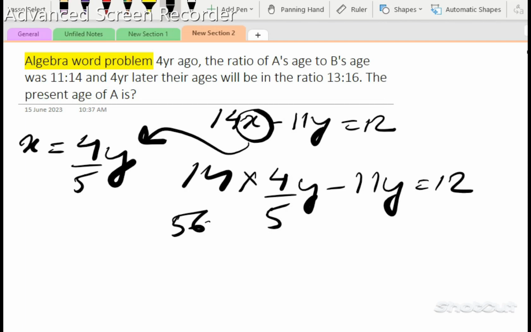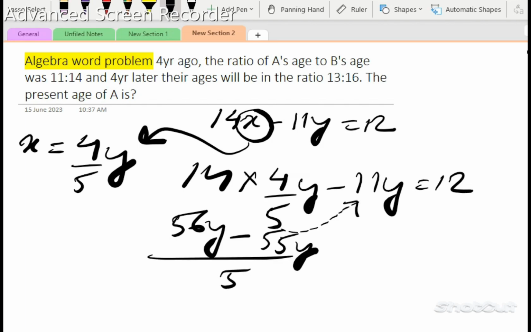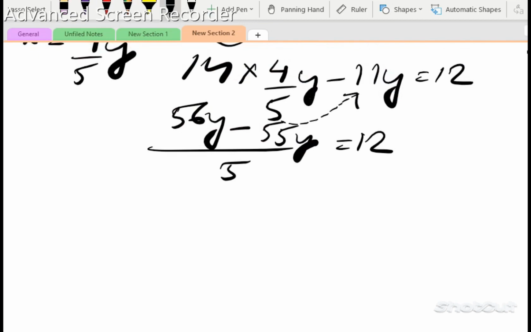14 times 4 is 56y, and then you multiply the 5 here. I'm sure you're aware of the basic multiplication and addition of fractions. And subtract that. So 5 times 11 is going to be 55y upon 5 equals 12. Now, all you have to do is simplify the numerator. So it's 56y minus 55y. That's just y. And then you multiply the 5 to the 12 here.